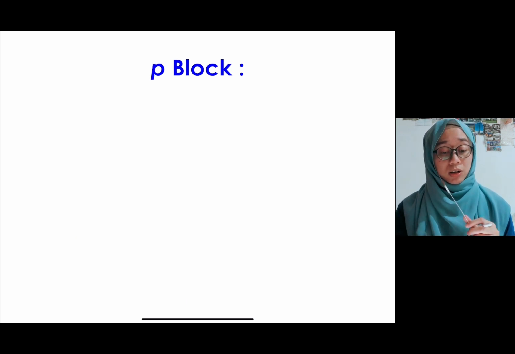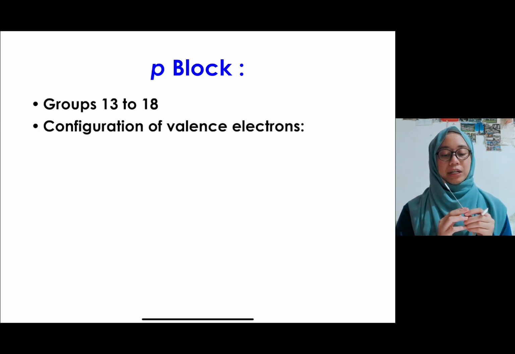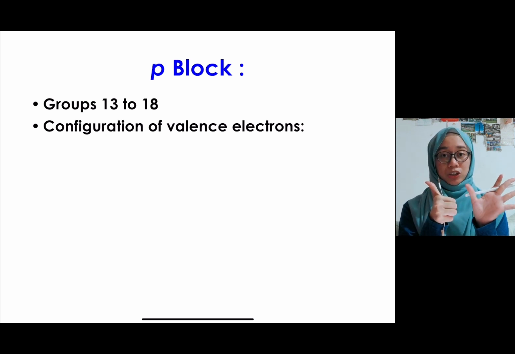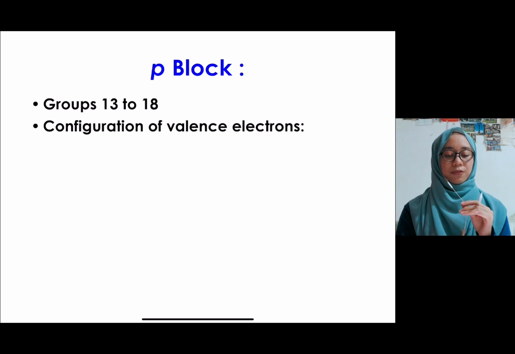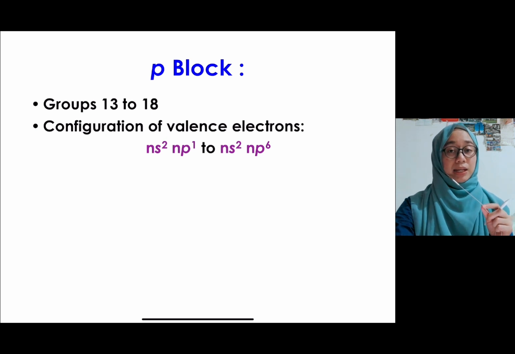Okay, P block. So P block are for those elements in groups 13 to 18. Okay, so the configuration of valence electrons untuk yang ni pula. So electron untuk P, so P orbital kita boleh isi maksimum 6 elektron kan. So kalau 6 elektron bermaksud the configuration of valence electron varies from ns2 and p1 to ns2 and p6.